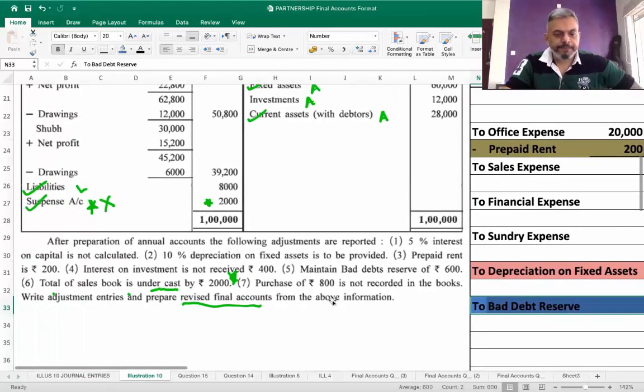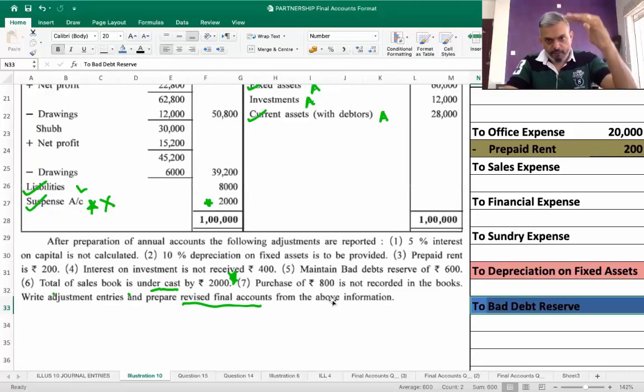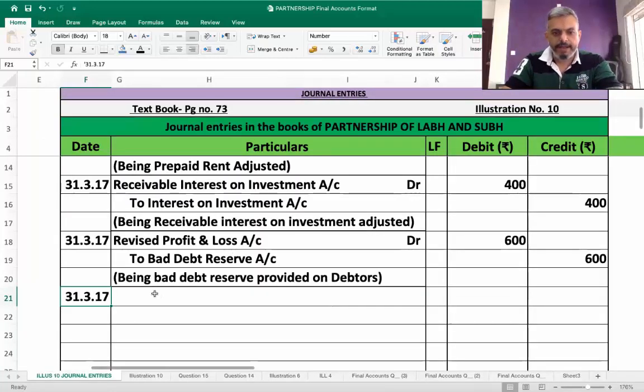Next, total of sales book is undercast by 2000. Now here first let's write the entry. Sales book total is less by 2000, so it will affect only sales account. The sales account we have to increase by 2000, so sales account will be credited and suspense account will be debited.